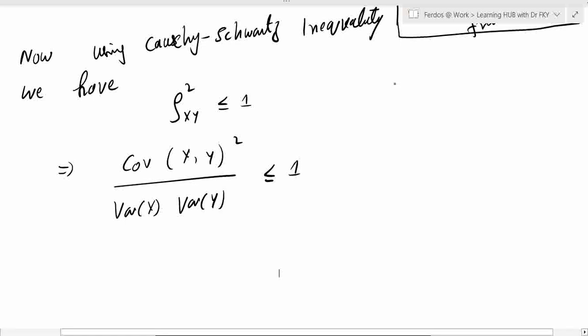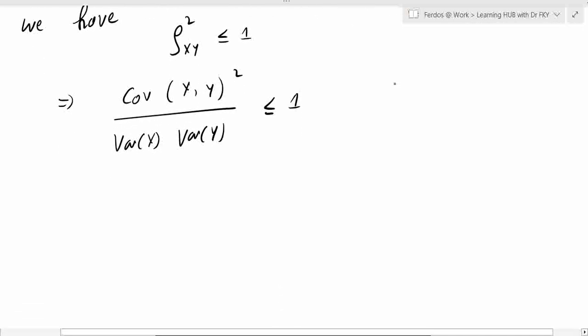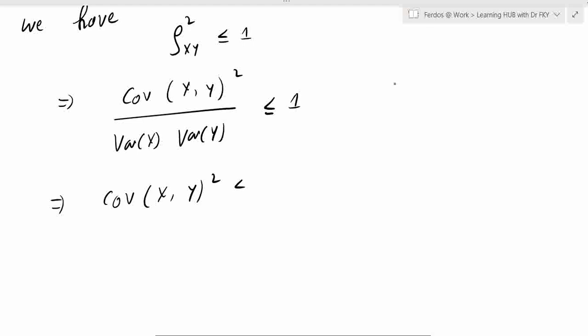This means that covariance of x and y square is less than or equal to variance of x and y.